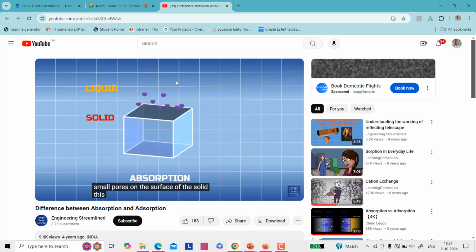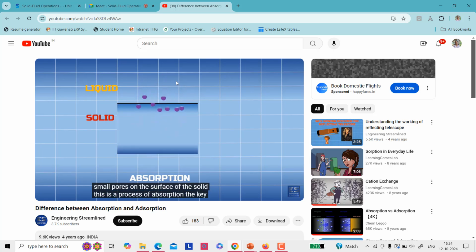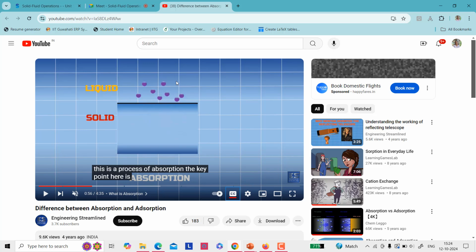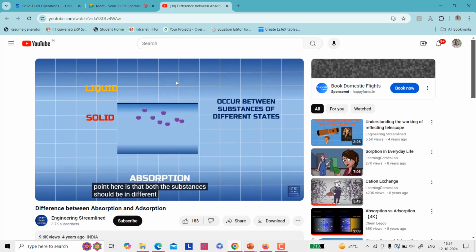This is the process of absorption. Okay, where one state is attached to another state. The key point here is that both the substances should be in different states, like liquid is absorbed by solid or gas can be absorbed in the liquid.